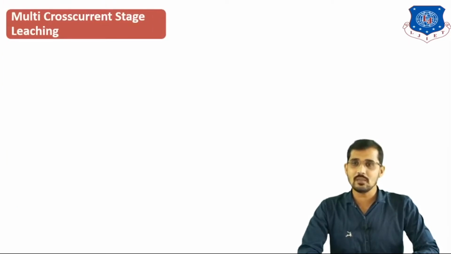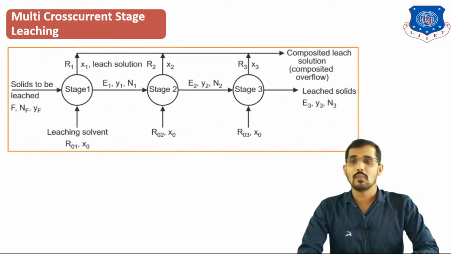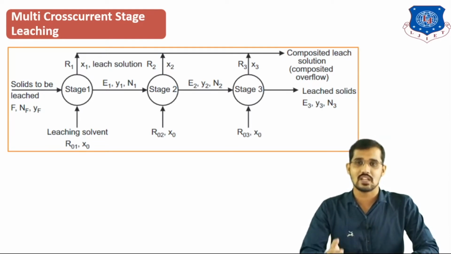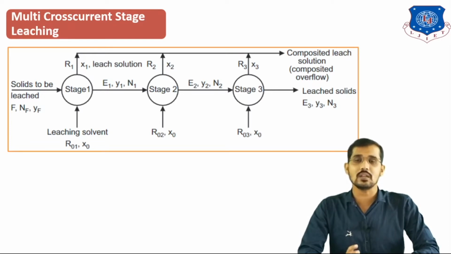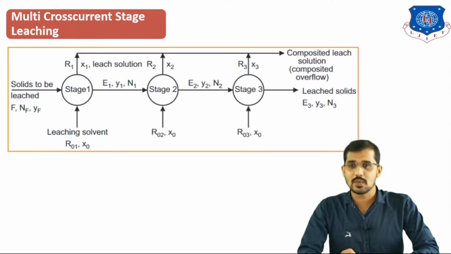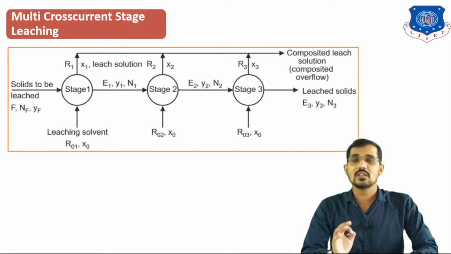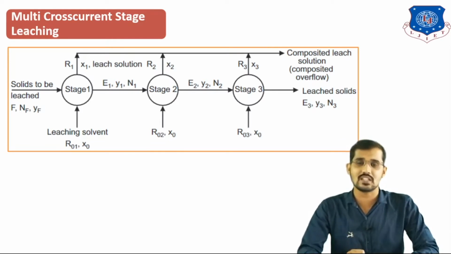You can see on the screen, this is the figure for multi-cross current stage leaching. Multi-cross current stage leaching means we are using more than one stage, and the leaching solvent and the solid to be leached are coming in the cross current direction. That's why this is multi-cross current stage leaching. In this figure, the solid to be leached is the feed for this multi-stage leaching.